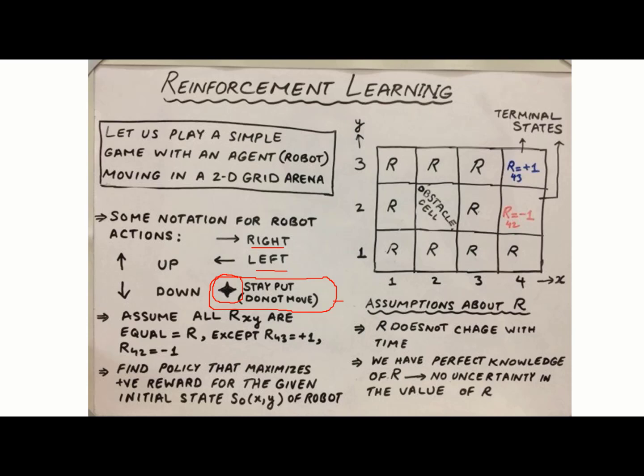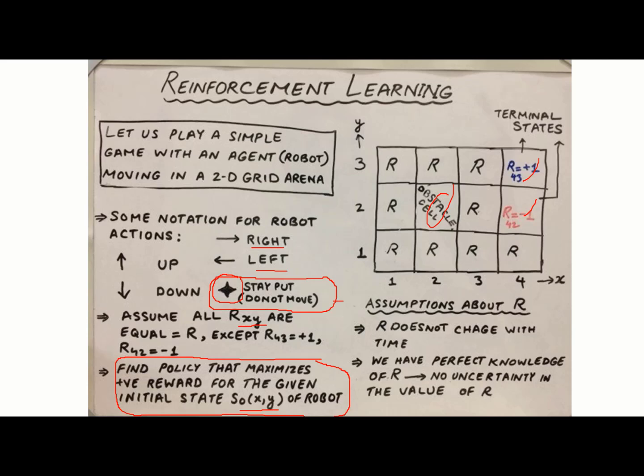A further simplification is that the Rxy value for all the grid cells except the obstacle cell and the terminal cells is the same, and it is going to be some constant number, and we shall see that example in the next slide. And we wish to find the policy that maximizes our reward for the given initial state x, y.